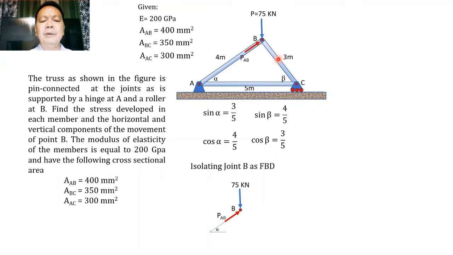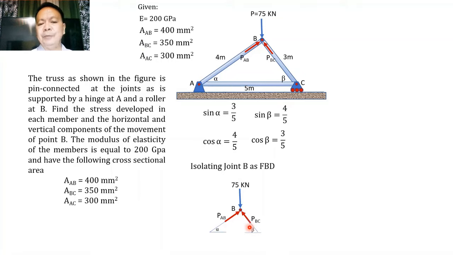Similarly, member BC will be exerting a force upon the joint, and we will be calling that P of BC. The direction of that P of BC can be shown here as equal to the angle beta with respect to the horizontal.